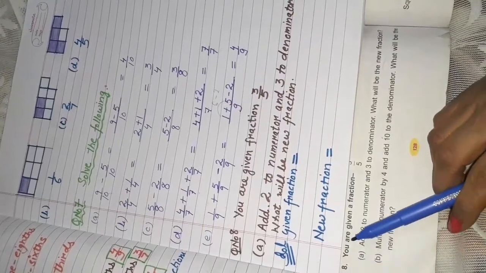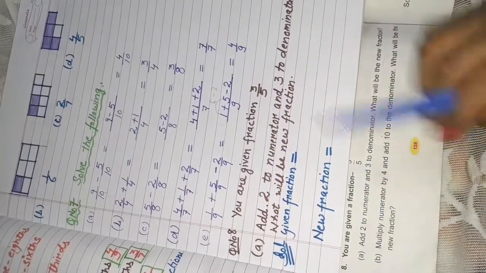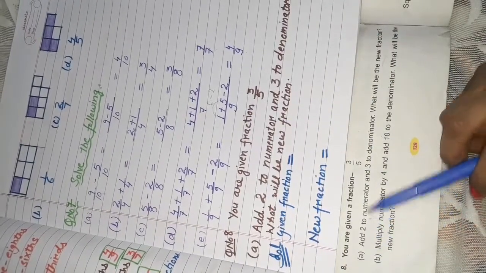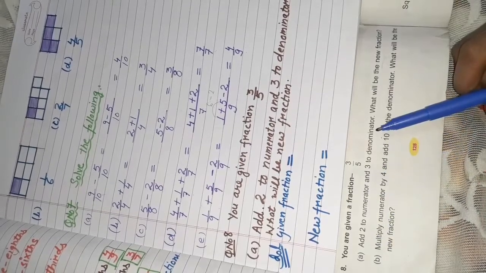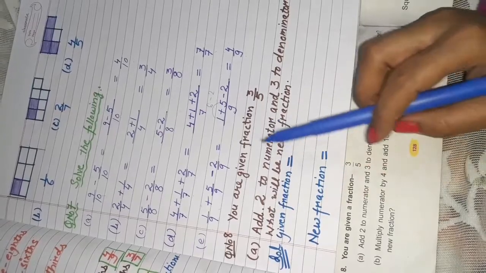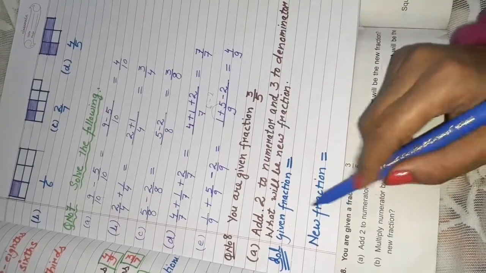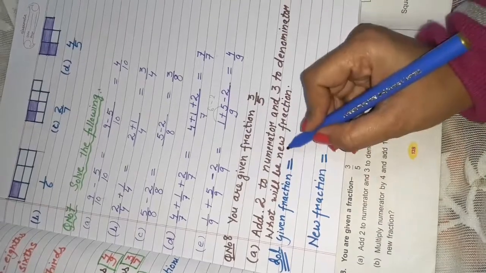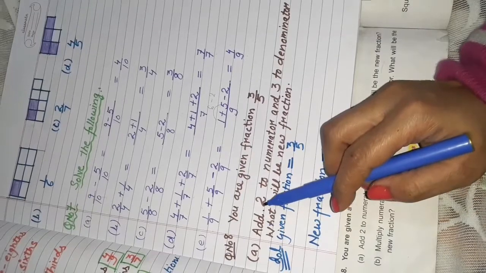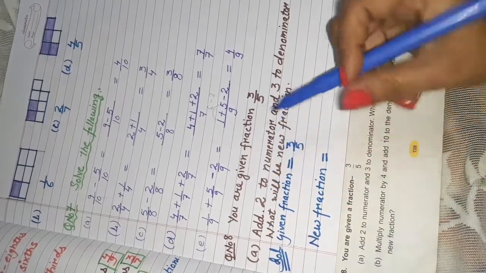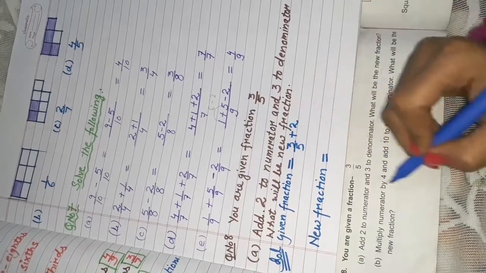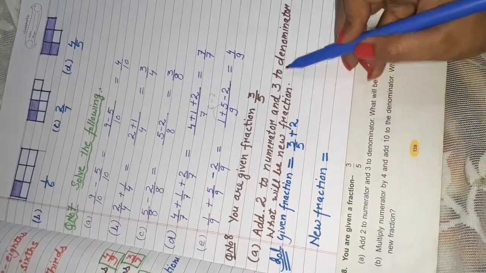Now your question number 8 is, you are given a fraction 3/5 and in first part you have to add 2 to numerator and 3 to denominator. What will be the new fraction? So in this question, you are given fraction 3/5. Now you have to add 2 to numerator. So we will add here 2 in the numerator, then 3 to denominator.